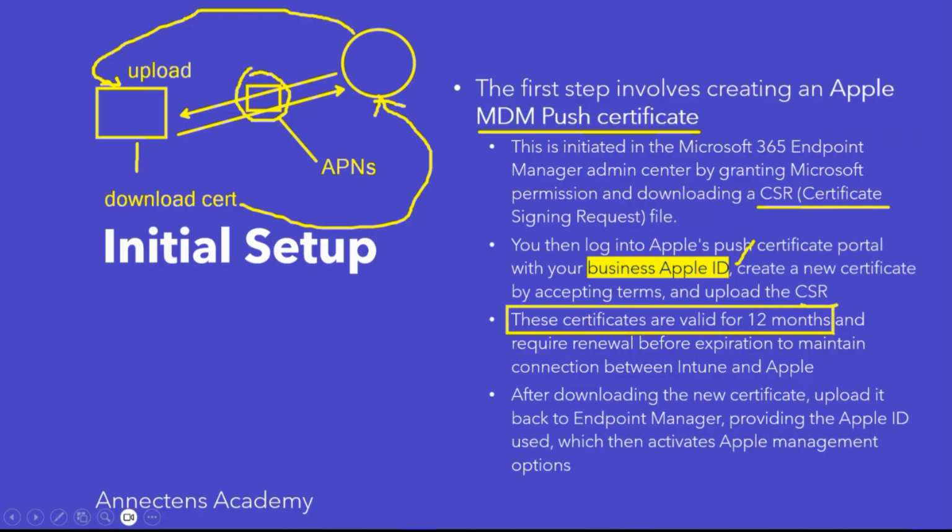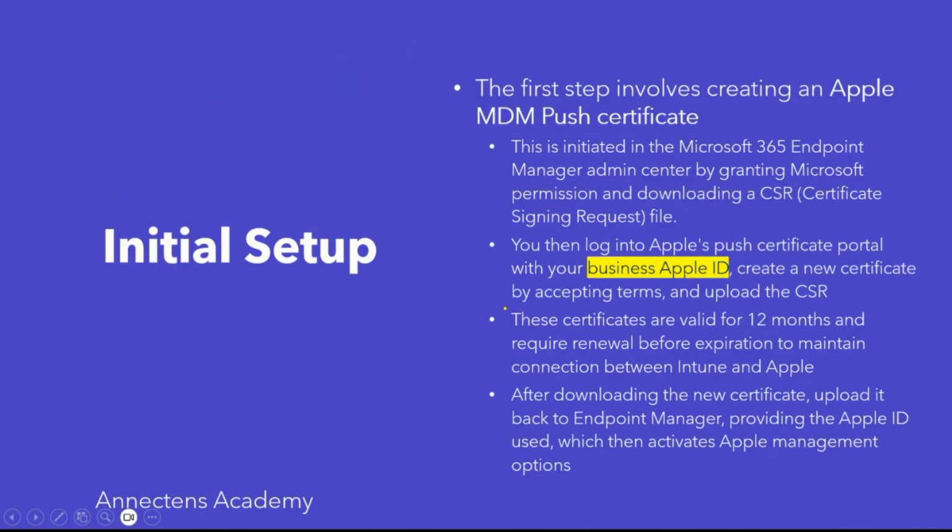If you, as an admin, are performing these tasks, first of all you should be using your enterprise Apple ID. This should not be a personal ID. It should only be an enterprise Apple ID, and the certificate you obtain through that Apple ID is valid for 12 months only.